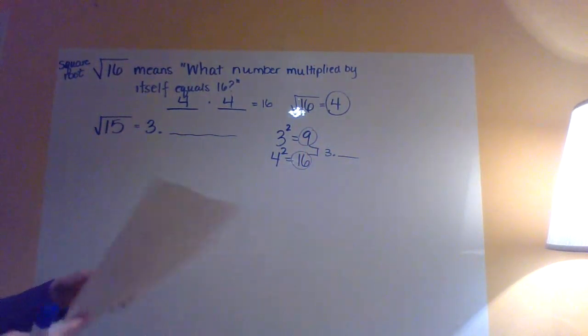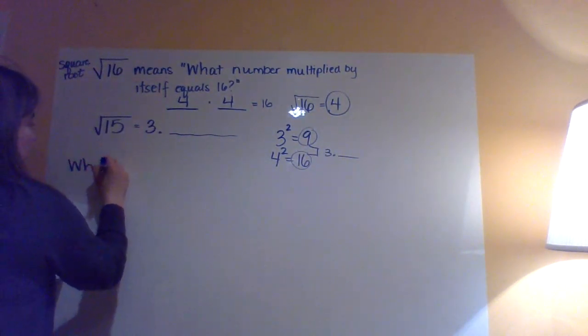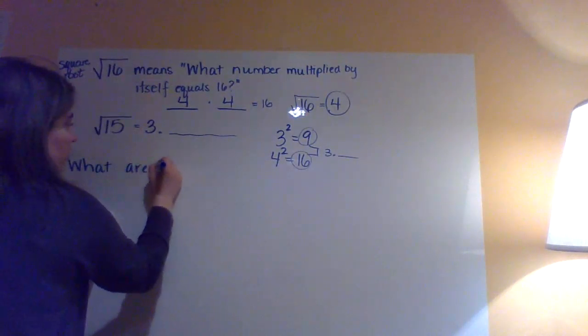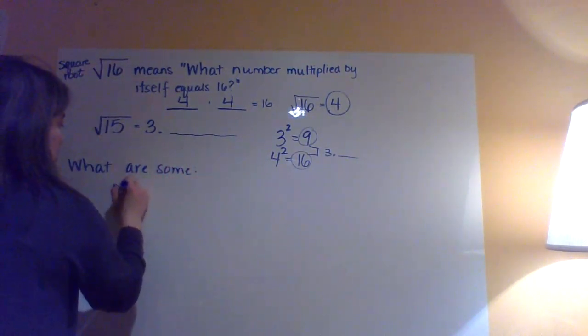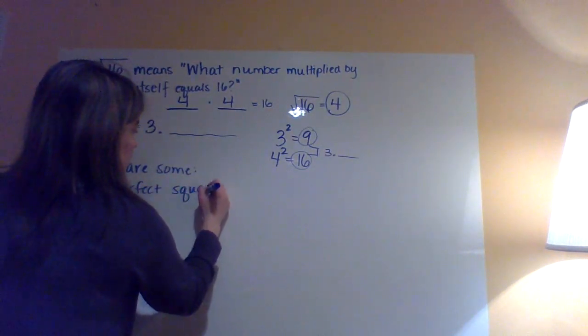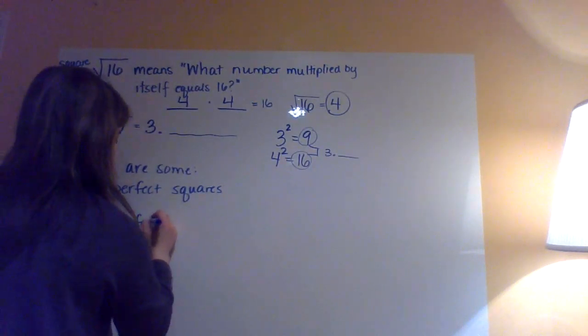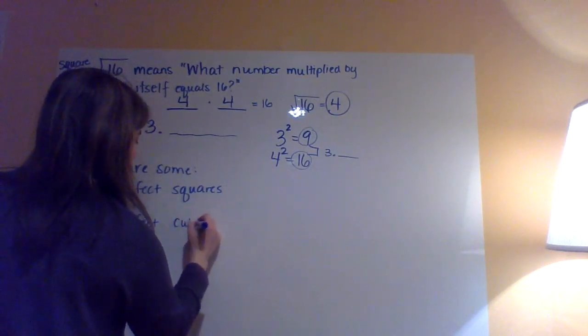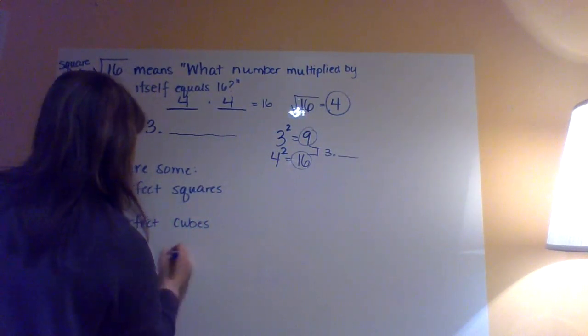So if you see on your paper, there are 3 lines there. It says, what are some, and I'm just going to only write that once so I don't have to keep writing it, perfect squares, perfect cubes, and perfect fourths. So what does that mean?